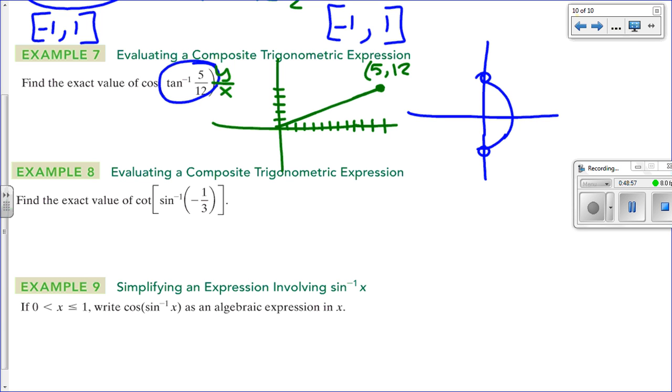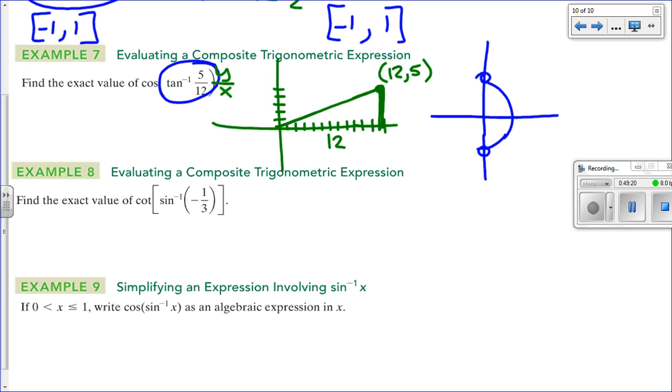If I draw a triangle, like you guys did with your unit circle, the vertical distance is 12, the horizontal distance is, no, the other way. The horizontal distance is 12, so the point is wrong. Sorry. So the point should be 12, 5.